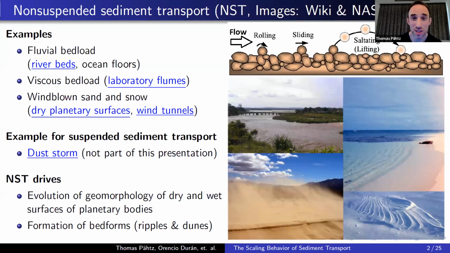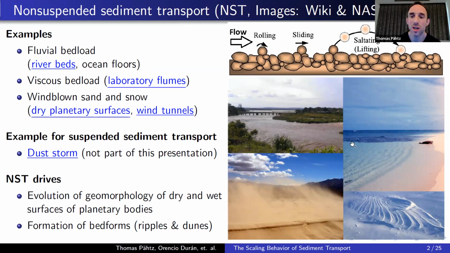So why am I interested in non-suspended sediment transport? Because it is one of the most important drivers of planetary landscape evolution. You can see here, for example, on the right, it's an ocean, and you see at the coast those underwater ripples.